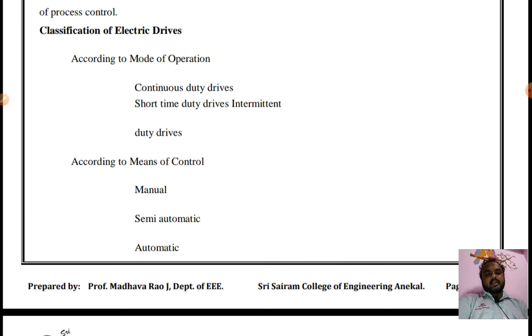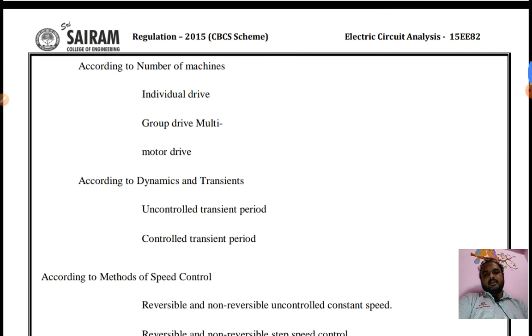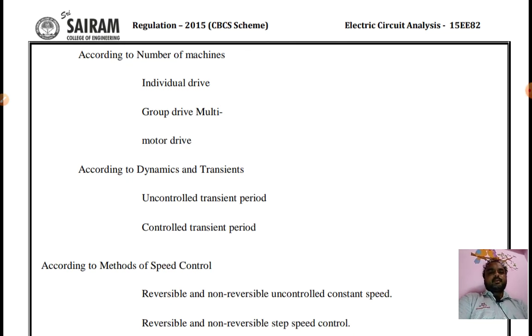Next, according to number of machines: individual drive, group drive, and multi-motor drive. These are the drives according to number of machines.